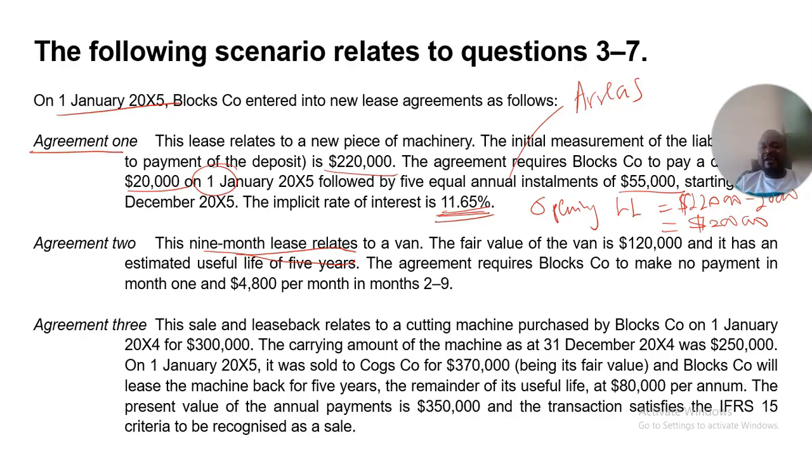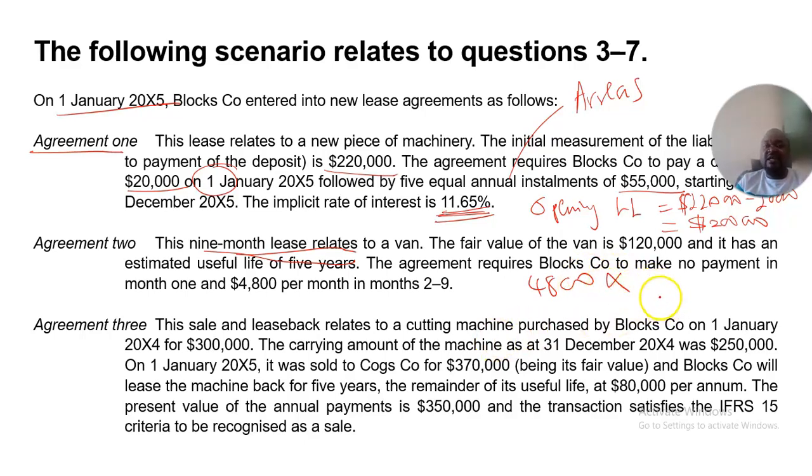So the agreement requires Blockscore to make no payment in month 1 and 4,800 per month in months 2 to 9. So the first month is free. How much are we paying here? 4,800 multiplied by how many months?